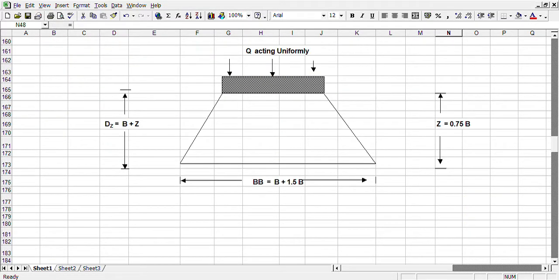Now we see a simple analysis of settlement. This is our foundation size, and up to this point the stress will be 50% at this point, the additional stress which will be coming at this point, and this is equal to B plus 1.5B.